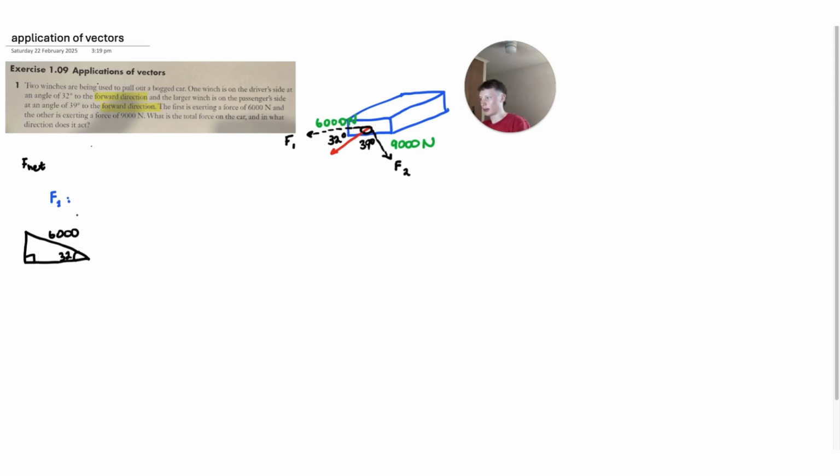Alright, so that's what our scenario looks like. And then we can define these two directions as, let's say, this is X and this is Y.